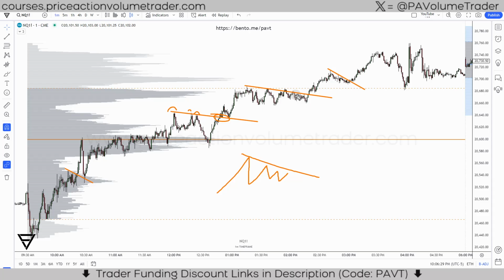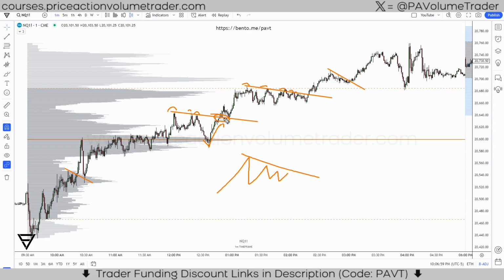Now sometimes it takes more, like you can see 1, 2, 3, 4, 5, 6. This broke out on the 7th touch, but the main thing is the lows. We're continuously making higher lows. We did dip lower than this one, and then we came back, but you can tell there was a lot of momentum on this pullback again.